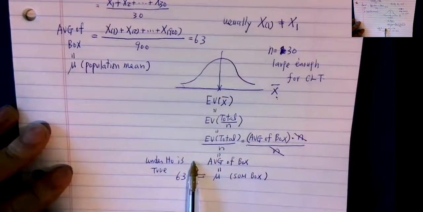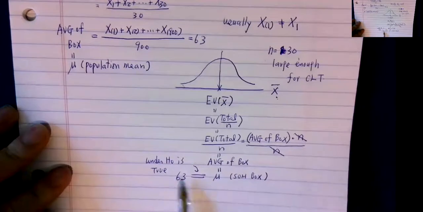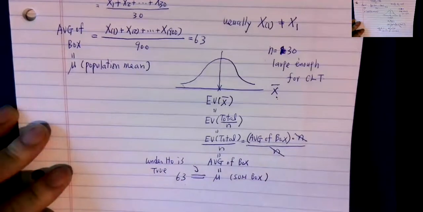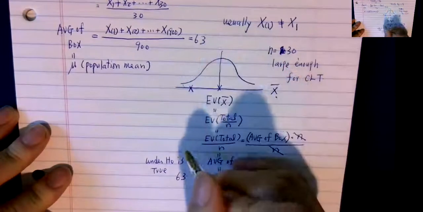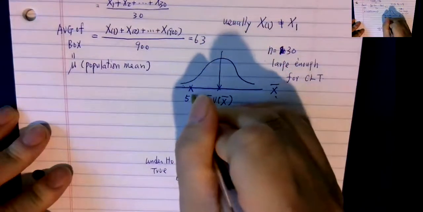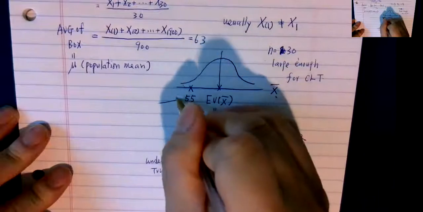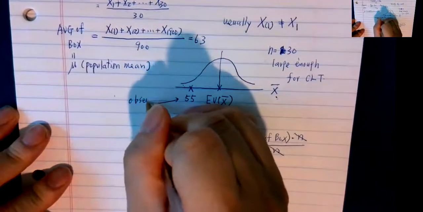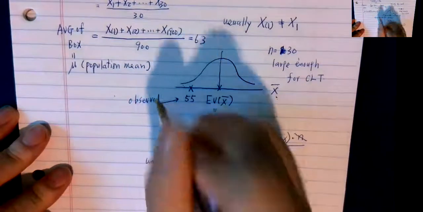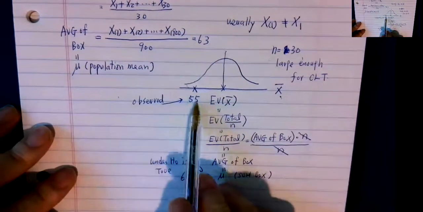Under the assumption that H0 is true, we expect to see what? Average is 63. But what do we see in the sample? We don't see 63. We only see what? 55. This is what you actually observed. What you actually observe is only 55.